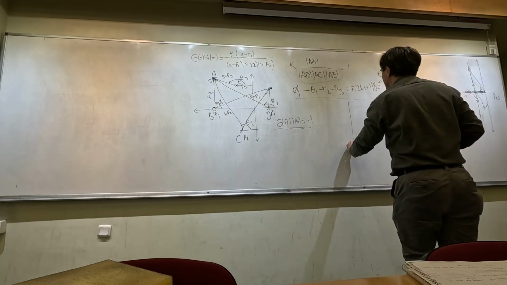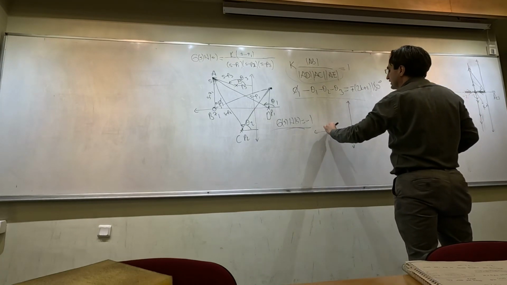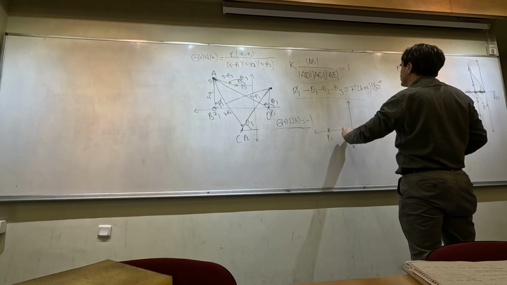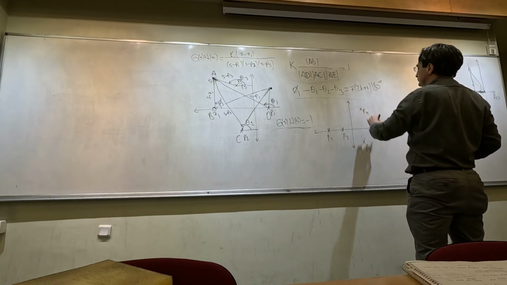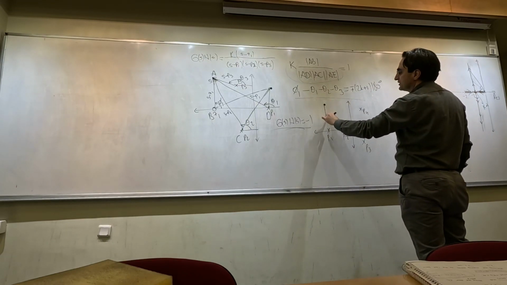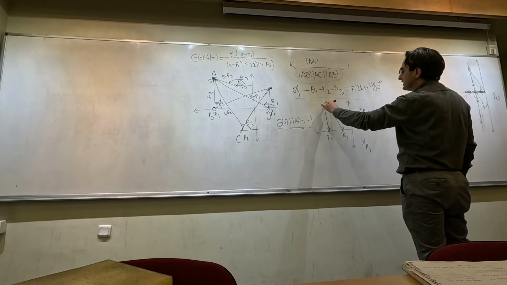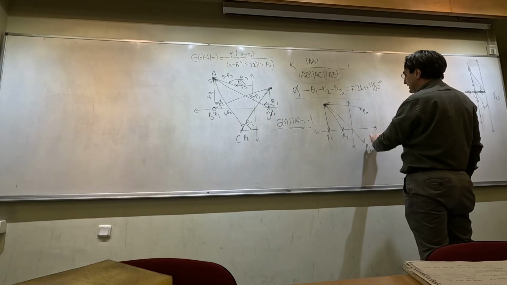So let me say that I have this quantity here. Suppose that I have a pole 1 here, pole 2 here, and pole 3 and pole 4 here. Suppose that there is an S point here. If this S point satisfies the angle condition, what does it mean? It means something about these angles.